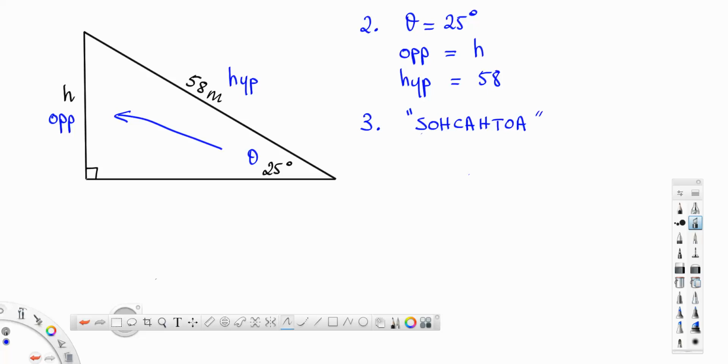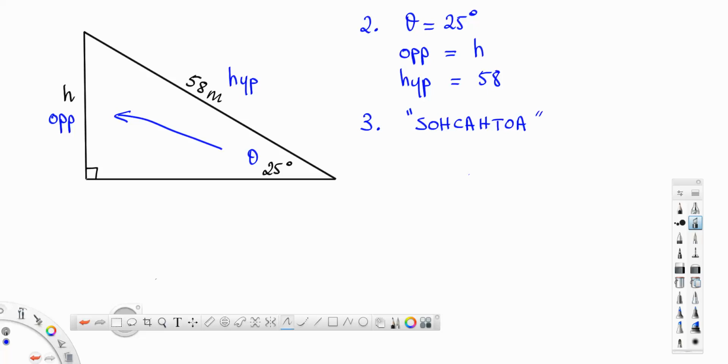So S for sine, opposite over hypotenuse, O over H. Cosine, C, adjacent over hypotenuse. T, tangent, tan, opposite over adjacent. All right, so looking at what we've got in step two, the sides that we're dealing with here are our opposite and our hypotenuse.